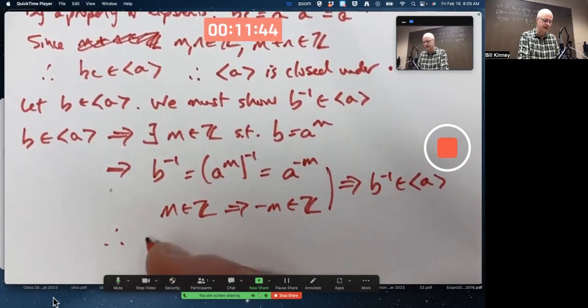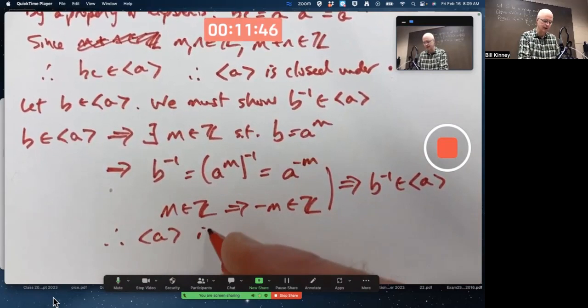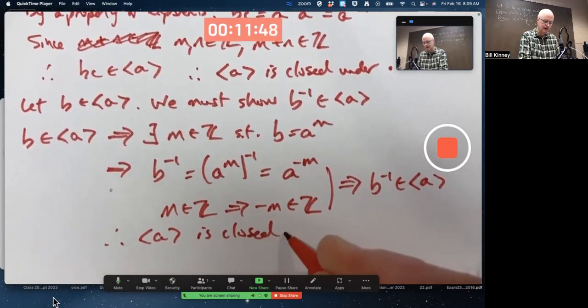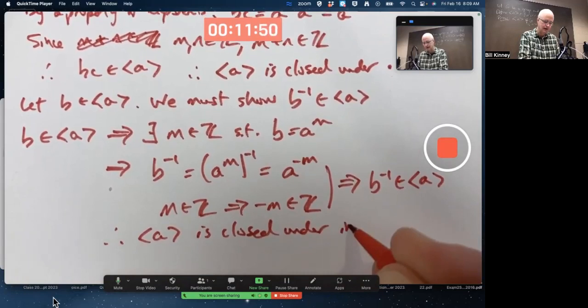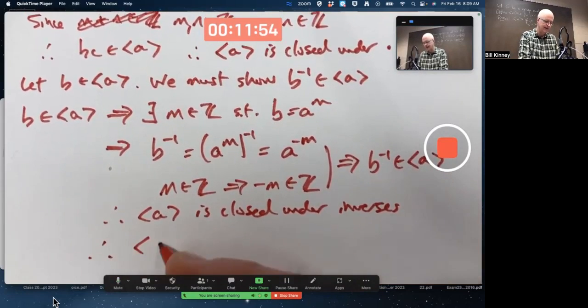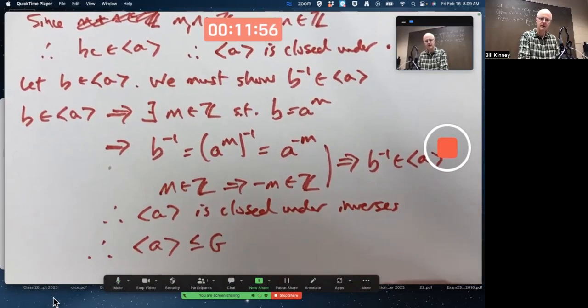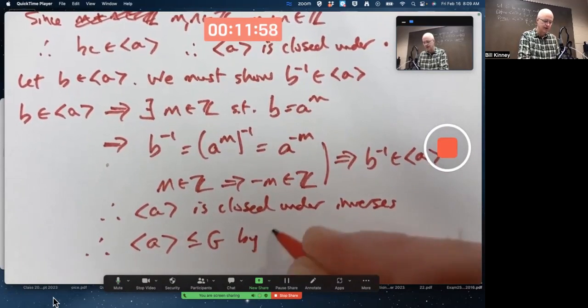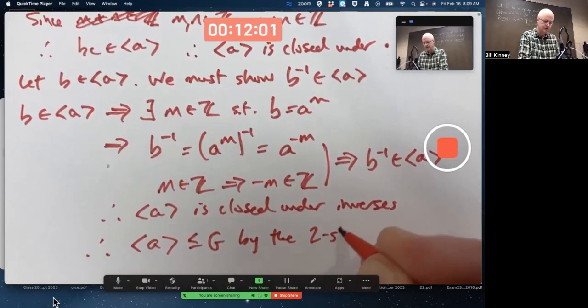Therefore, it's closed under taking inverses. And therefore, it's a subgroup of G by the two-step subgroup test.